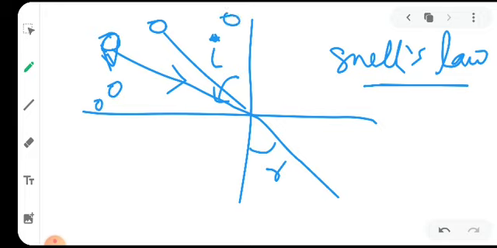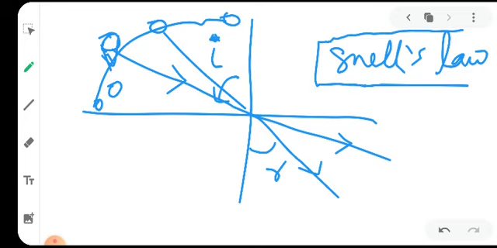You can move your torch at any angle, but the refracted ray will only move through those paths which are in accordance with Snell's law.